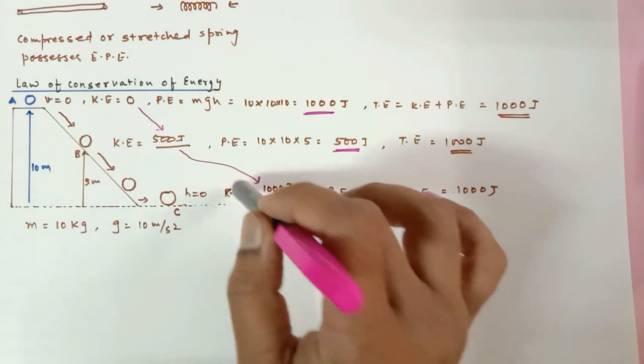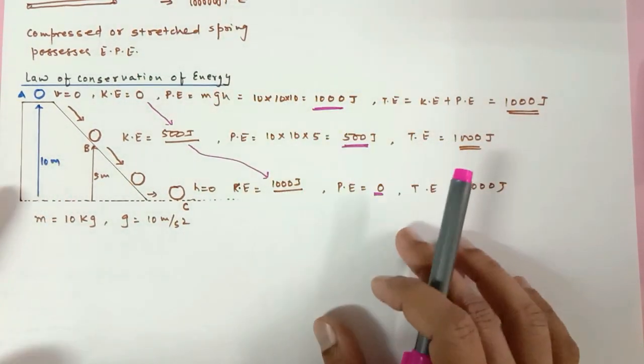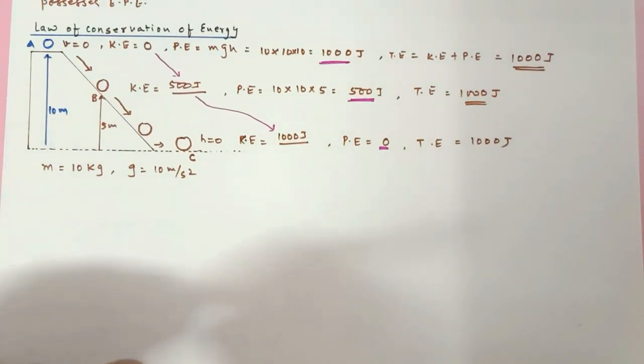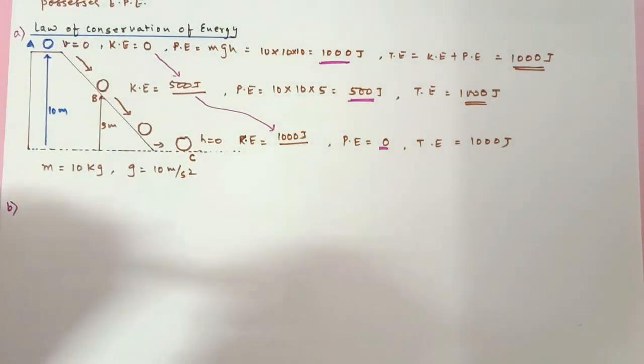Now this is a very good example in which we can say that the potential energy is getting converted into kinetic energy. Now let's take a similar situation. This was, say, case A. Now let's take case B, in which I am going to draw a simple pendulum.